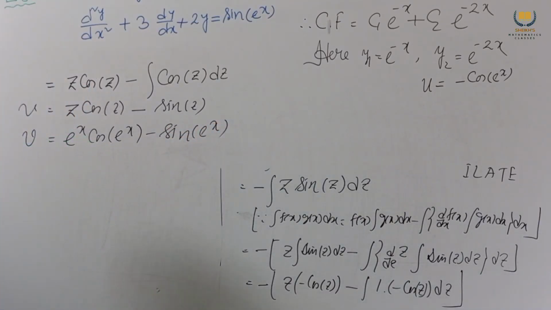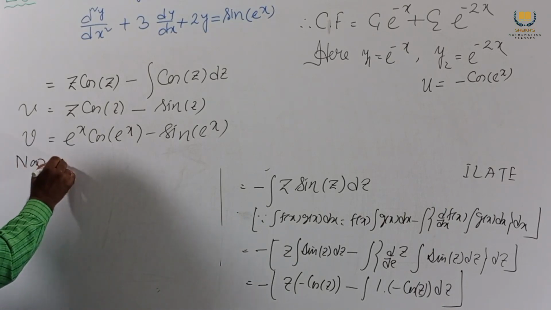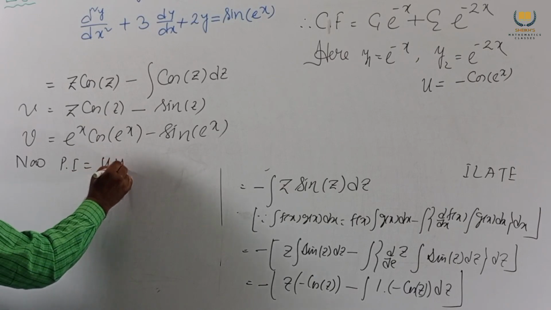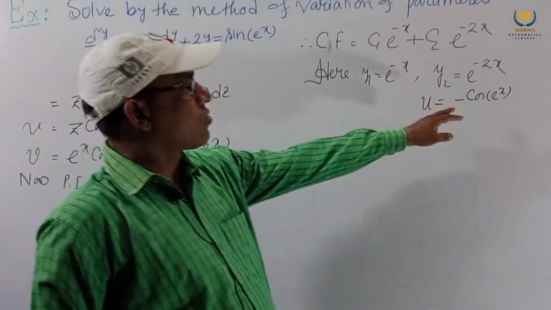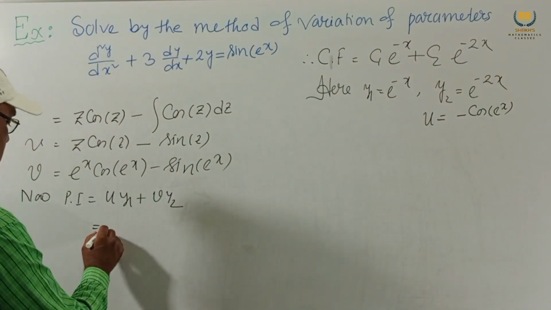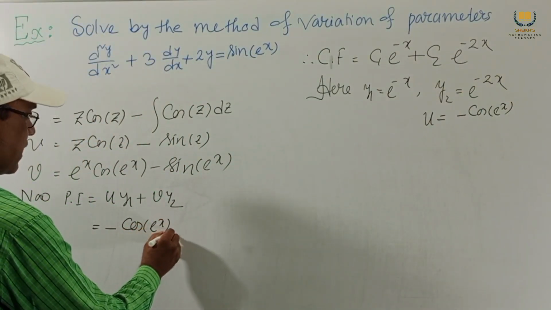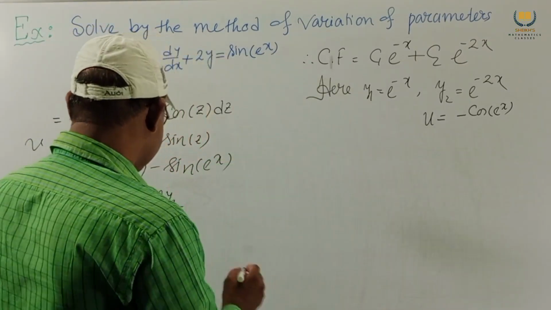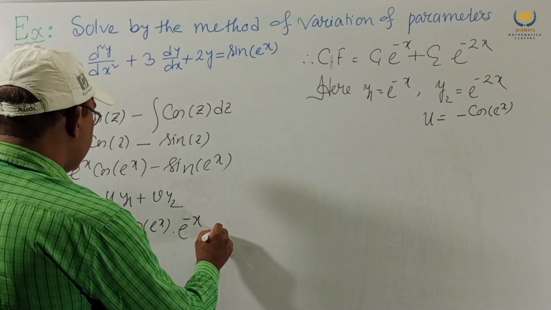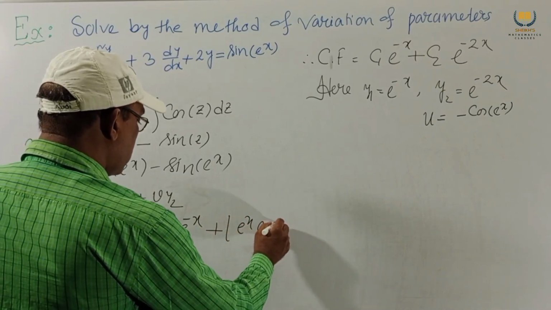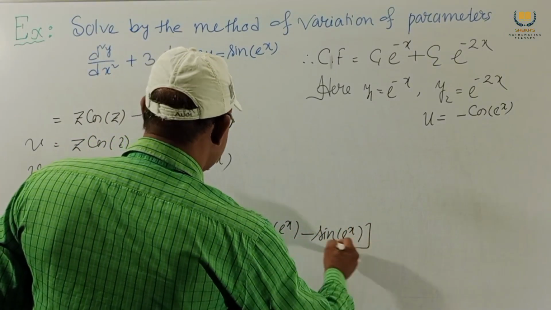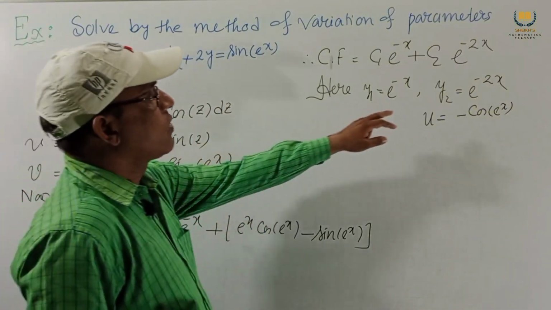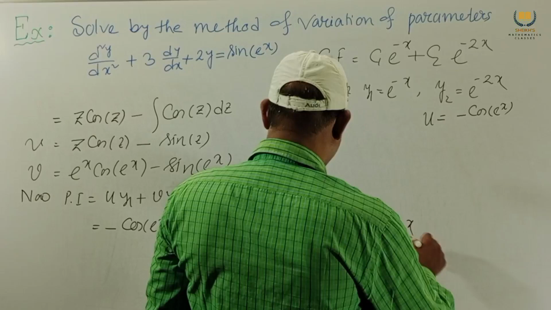We get this one. Now the particular integral equals u y1 plus v y2. So u means minus cos e to the power x, and y1 means e to the power minus x, plus v, which is e to the power x cos e to the power x minus sin e to the power x, into y2. y2 means e to the power minus twice x.